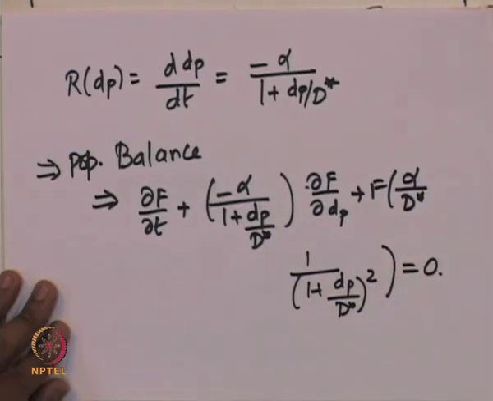So, that is the population balance that actually captures how the dynamics of this distribution changes with time, how the distribution changes with time.